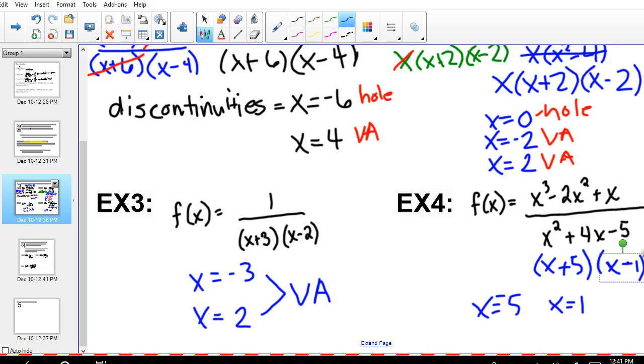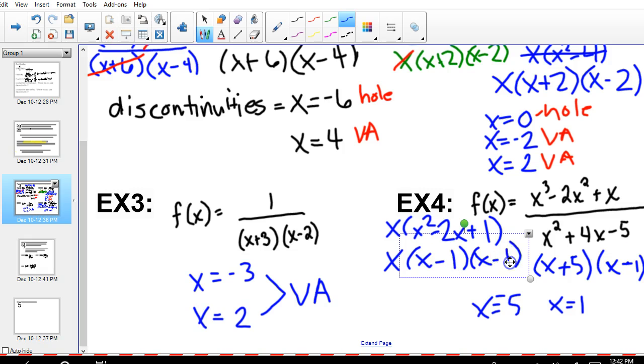Okay, the numerator, how would I factor that numerator? X out first, so that's going to be x times x squared minus 2x plus 1. Will x squared minus 2x plus 1 factor? It will. X minus 1 and x minus 1. So this is your numerator.